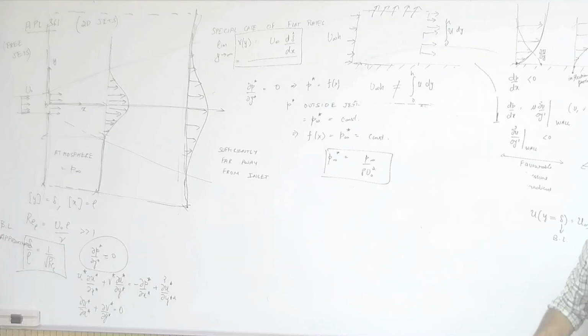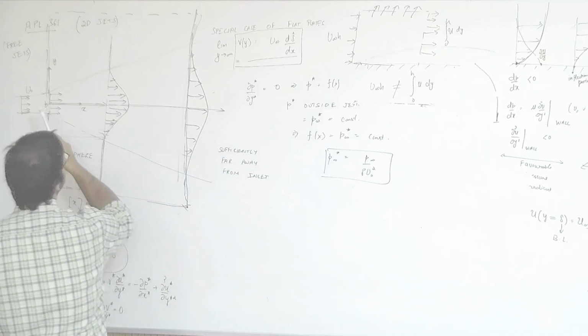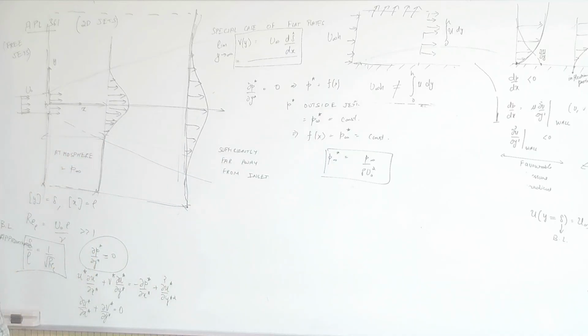Okay. So you are right to question this, and in practice actually these kind of free jets are jets at very small velocity. So for example, you guys may have seen that submerged jet experiment in your fluid mechanics lab. That is certainly not an example of a free jet.